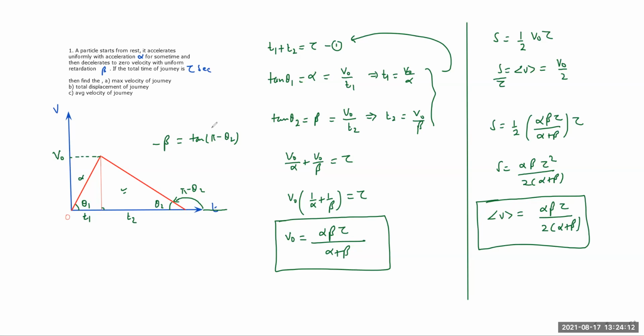Retardation. So if retardation is given to you, then how do you get the acceleration? By putting a minus sign. If I say your retardation is 2 meter per second square, then your acceleration is minus 2. That's the way of writing.